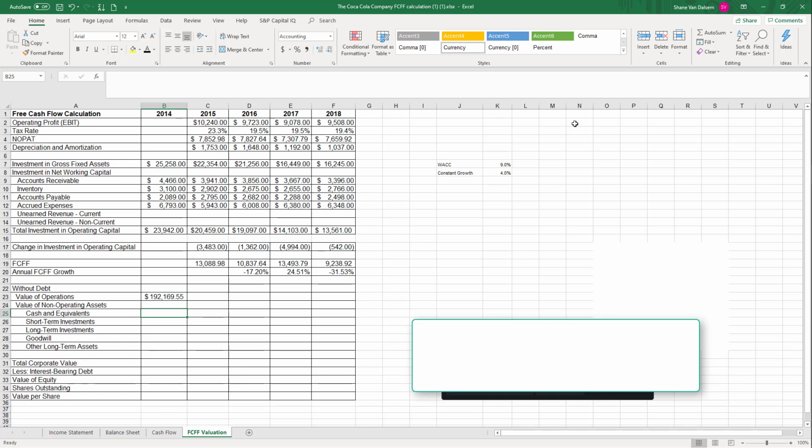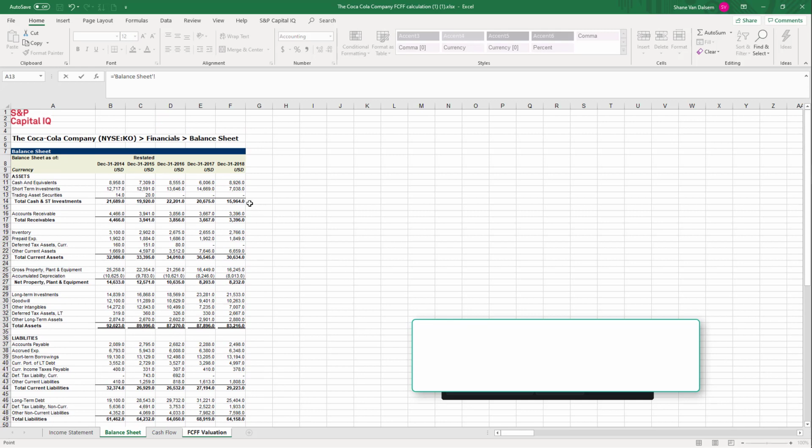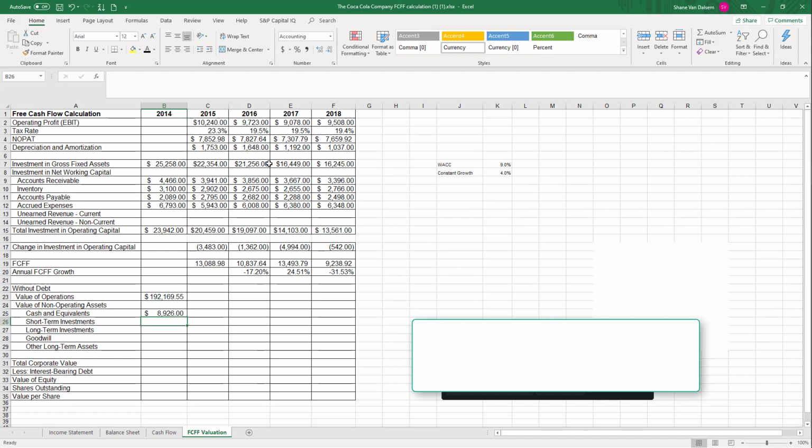Our non-operating assets for Coca-Cola are going to consist of cash and equivalents, short-term investments, long-term investments, goodwill, and other long-term assets. So my cash and equivalents are going to go to the balance sheet. I'm going to use, again, the most recent values for this. Cash and equivalents of $8.926 billion, and here I can just drag it down for the short-term investments as well, because it's going to go to the same sheet and just grab the cell below it, which is the short-term investments.